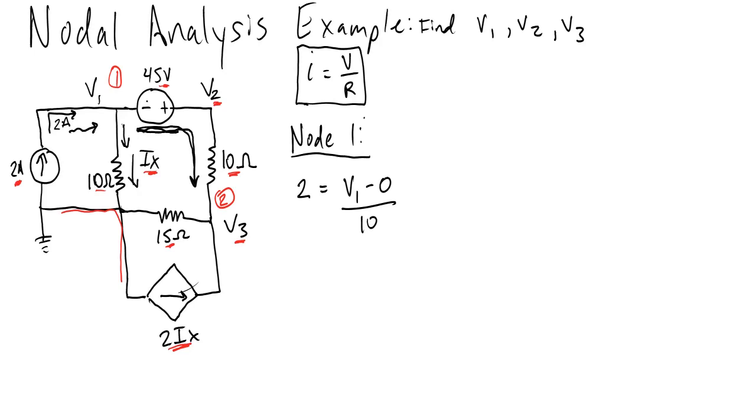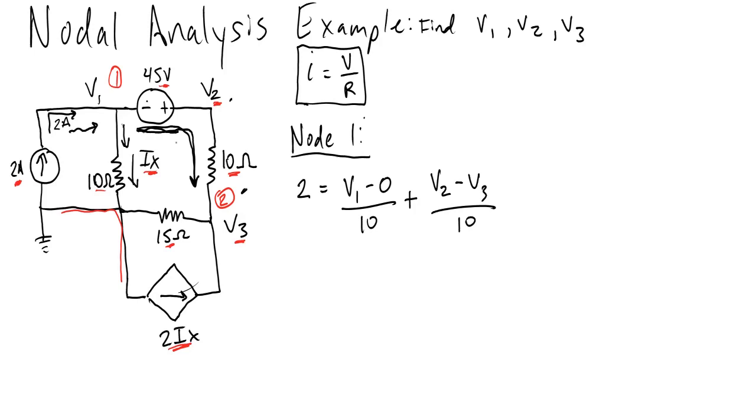So the current going through that 45 volt source is going to be the same current going through this 10 ohm resistor. So we can describe the current as the current through that resistor, which is V2 minus V3 over 10. I'm just taking the voltage across this resistor and dividing it by its resistance to get the current through that 45 volt source.